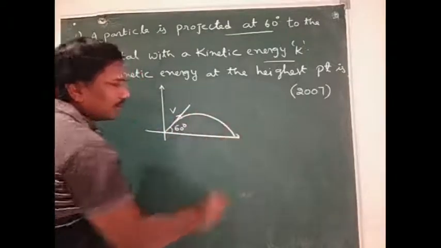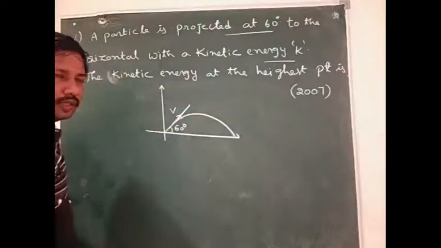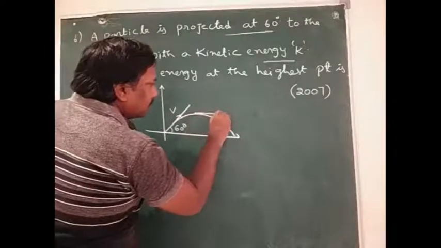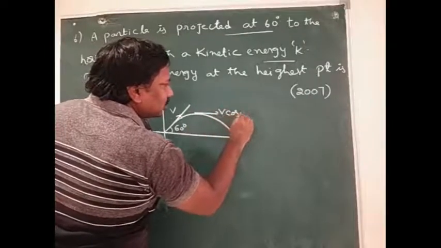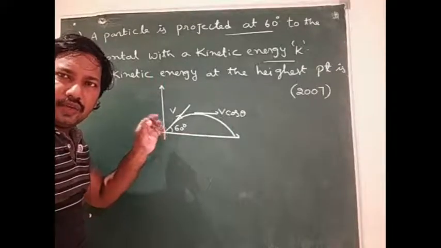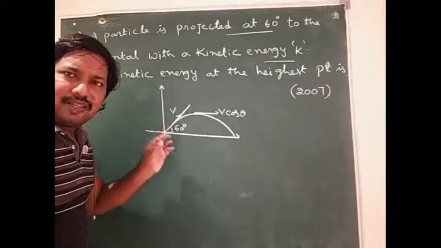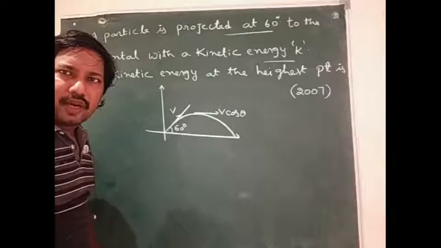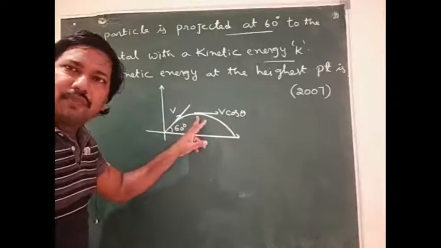This projectile passes through this path. At the highest point, the v cos theta term remains constant, but the v sin theta term is 0.